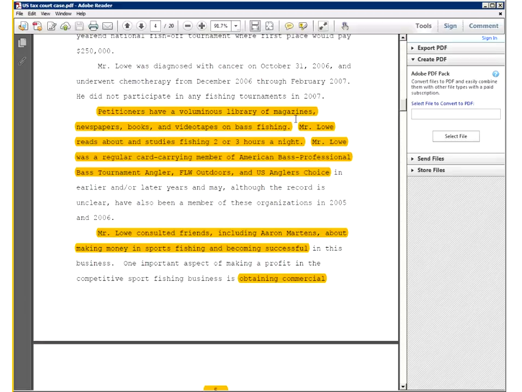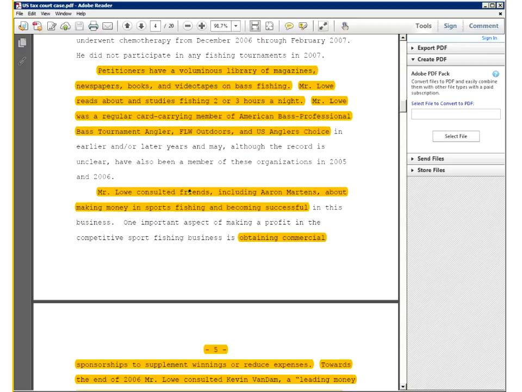as part of his reasoning, hey, look, I have all these magazines and books on fishing, a whole bunch of them, and the court has to look at that. How much research are you doing on your particular area? He says he reads 2 to 3 hours a night on fishing stuff, and he's a member of certain fishing organizations, so that all makes him look a little bit more realistic that this could actually be a real business.